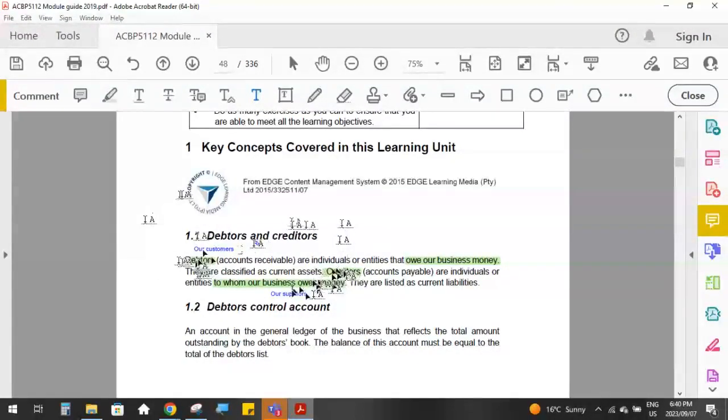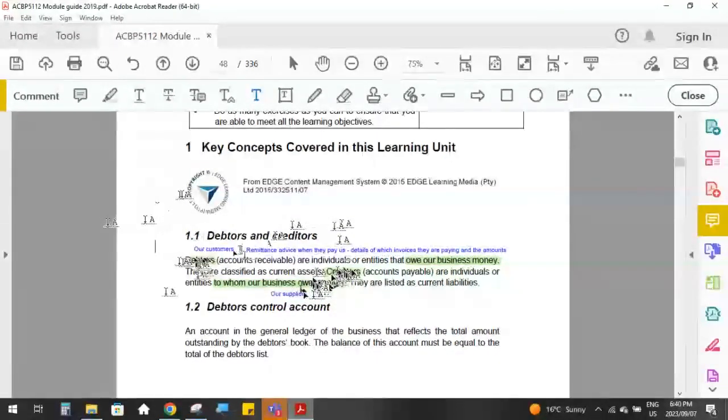Our customers will send us a remittance advice when they pay us, and that contains the details of which invoices they are paying and the amounts of those invoices.